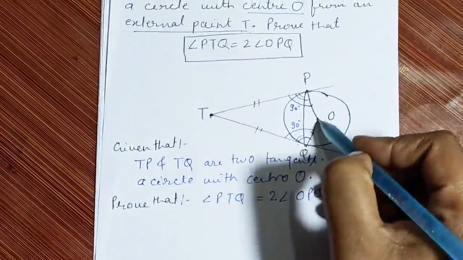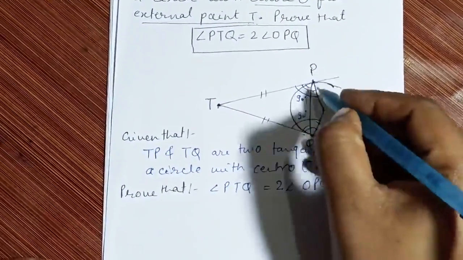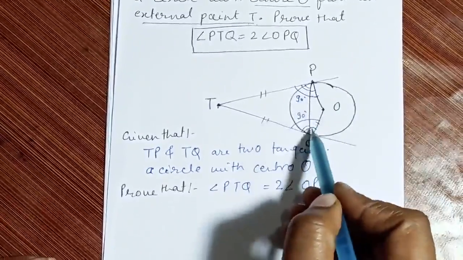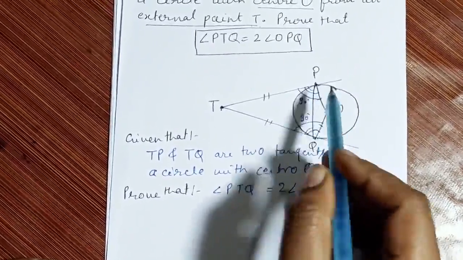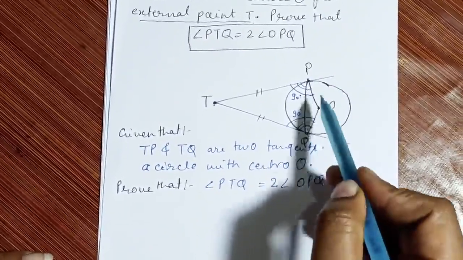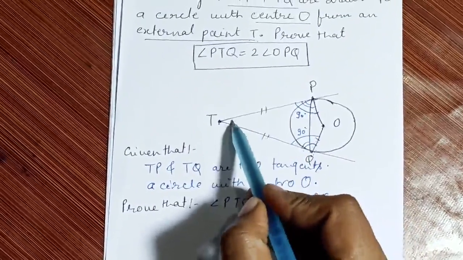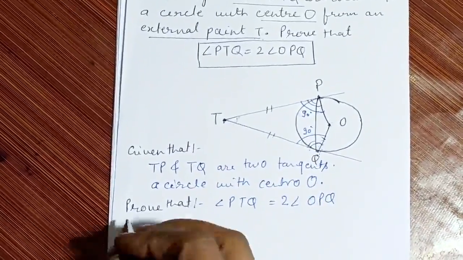PTQ is double of OPQ. If it is OPQ, then we can say OQP as well. This is double. Now, the proof.